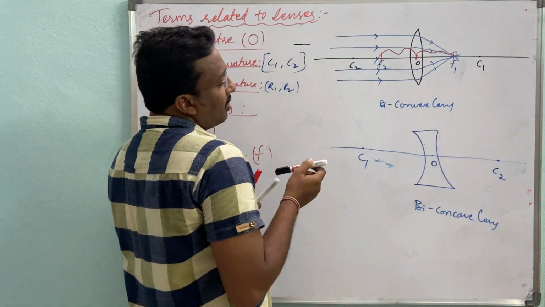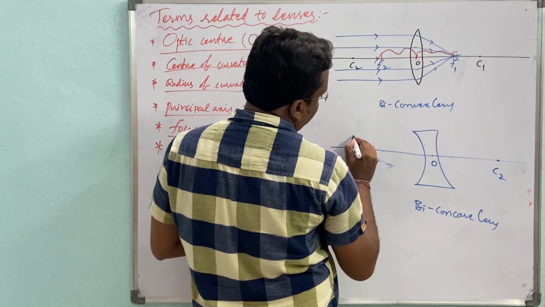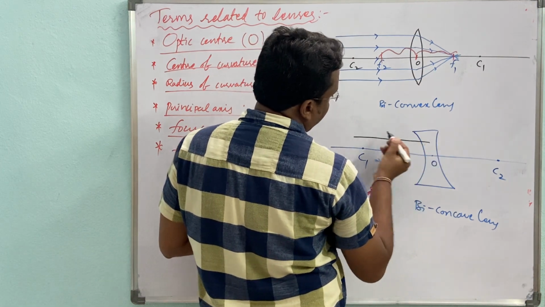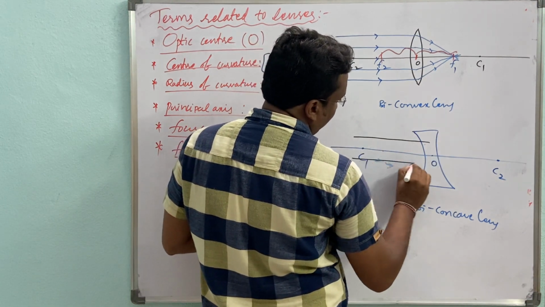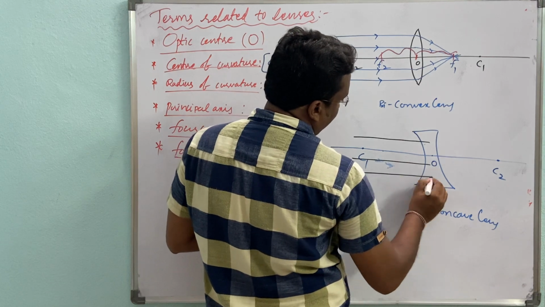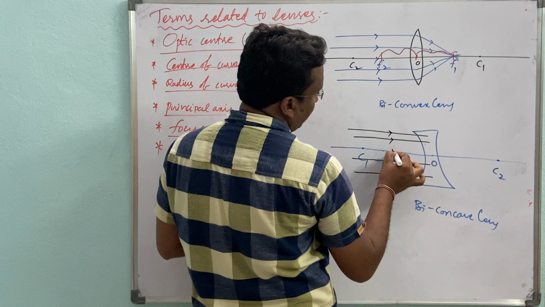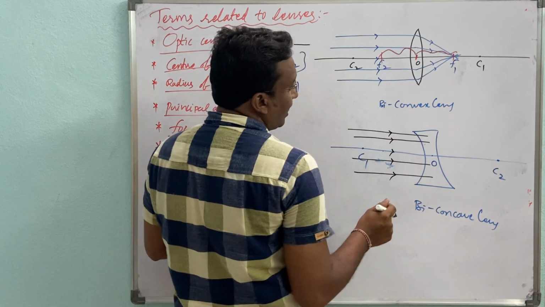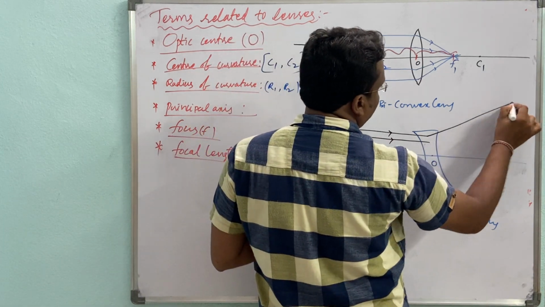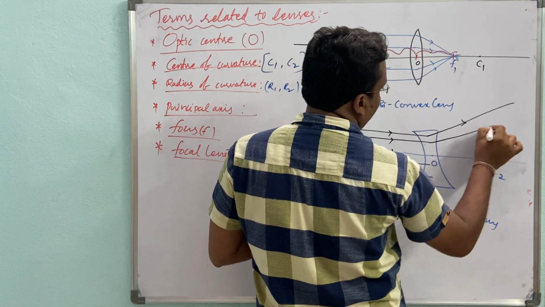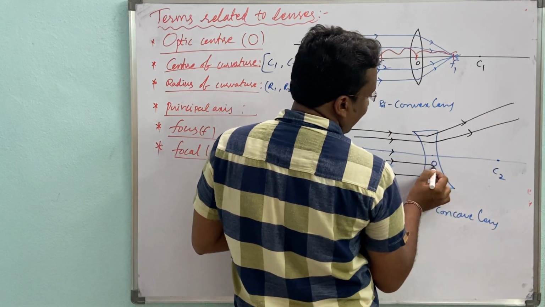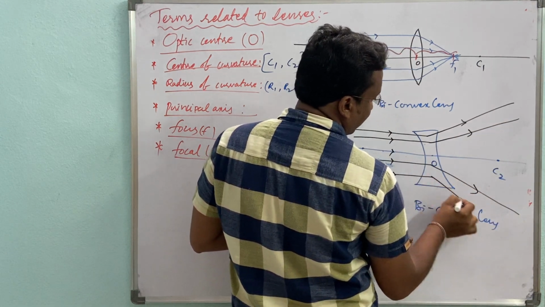Okay, if a parallel beam of light which is parallel to the principal axis falls on concave lens, biconcave lens, what happened to it? It diverges. It can diverge in different directions.